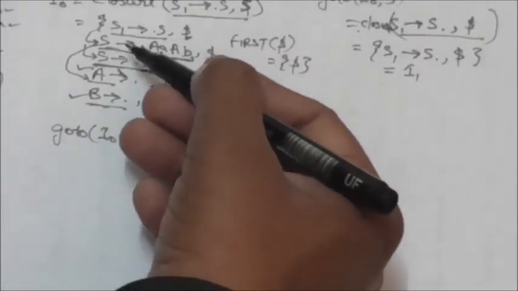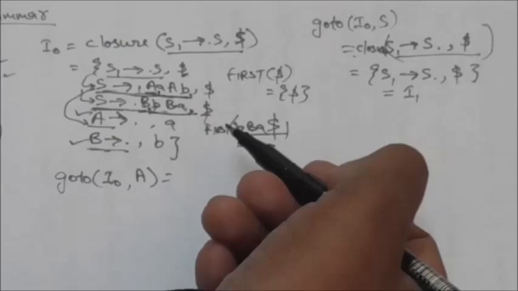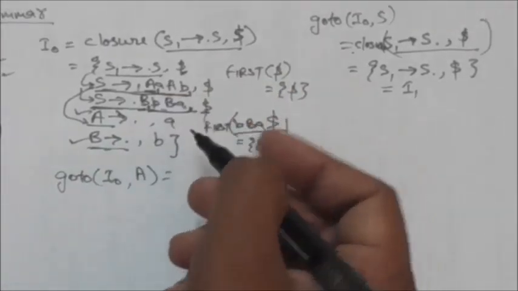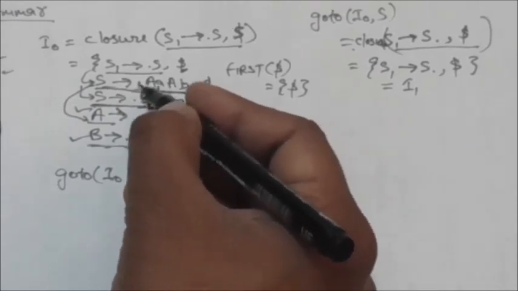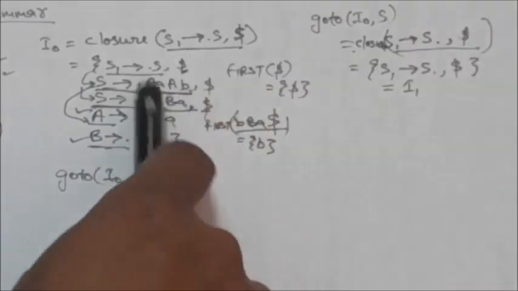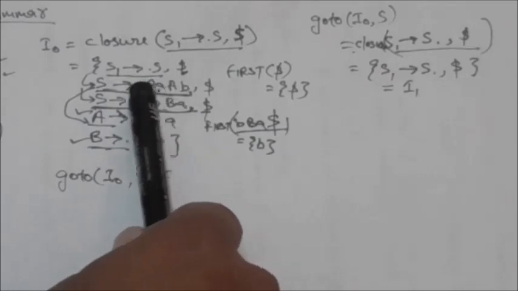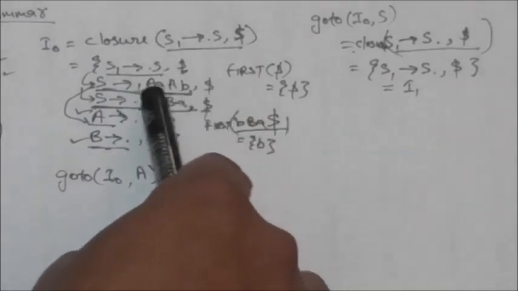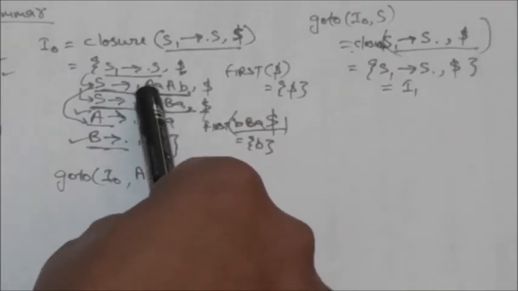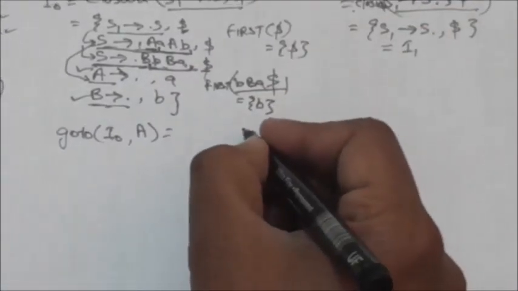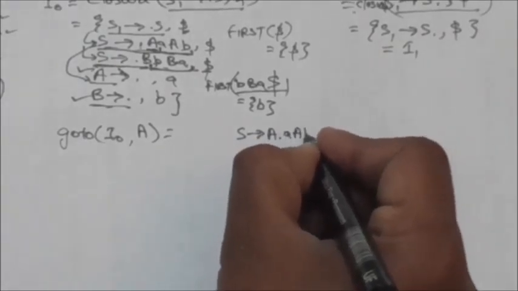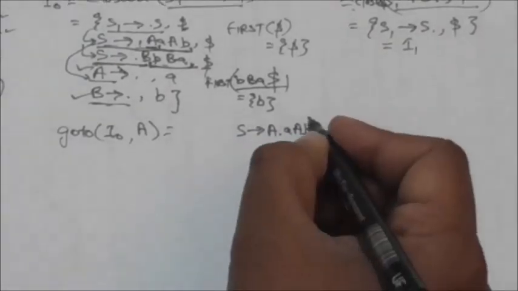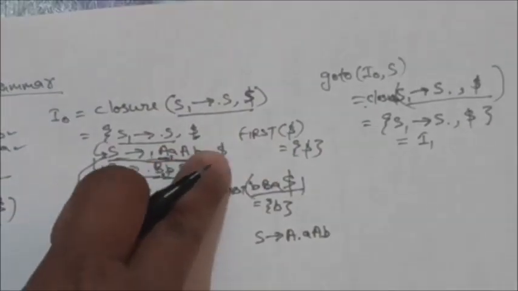I'll check this state I0 and find the item in which the dot is followed by non-terminal symbol A. Here in this item the dot is followed by non-terminal symbol A. So in this item I will shift the dot to the right of non-terminal symbol A. Then it will be S derives A.AAB, and the lookahead symbol is dollar.